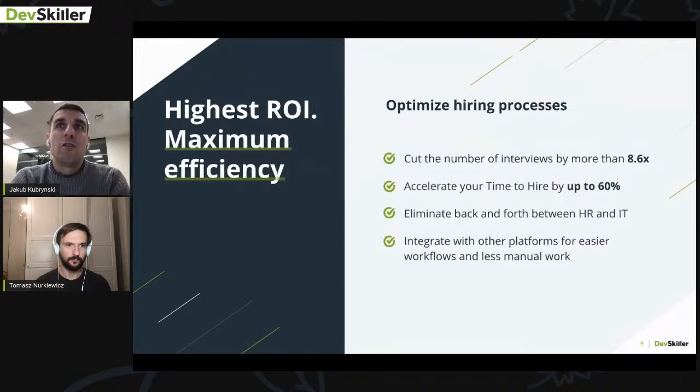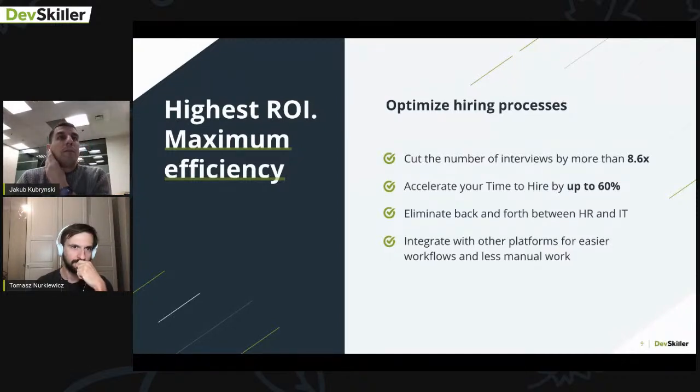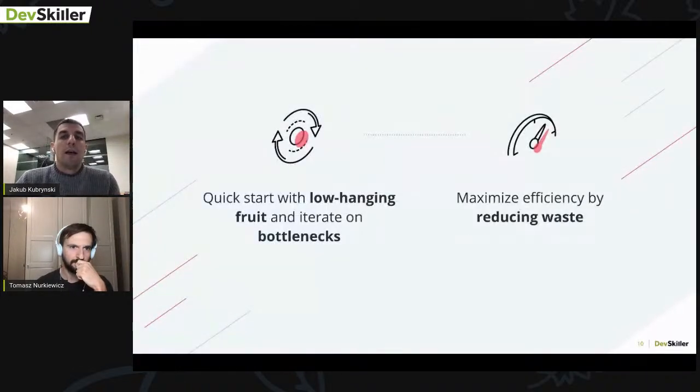Or accelerating your time to hire by 60%, eliminating back and forth between HR and IT. So basically improving the cooperation between HR and IT. And these are the hard numbers that we observe, and our customers prove they are able to get and achieve due to using the automation.